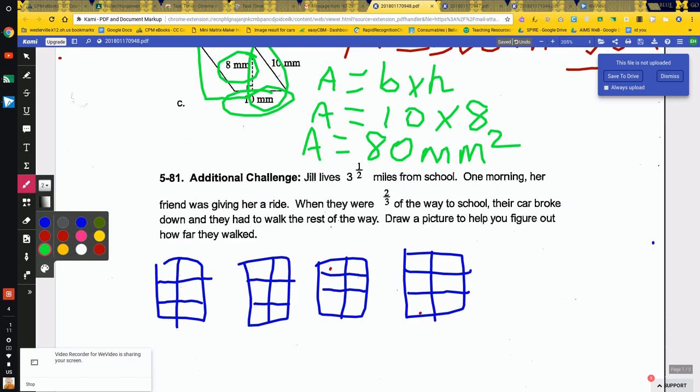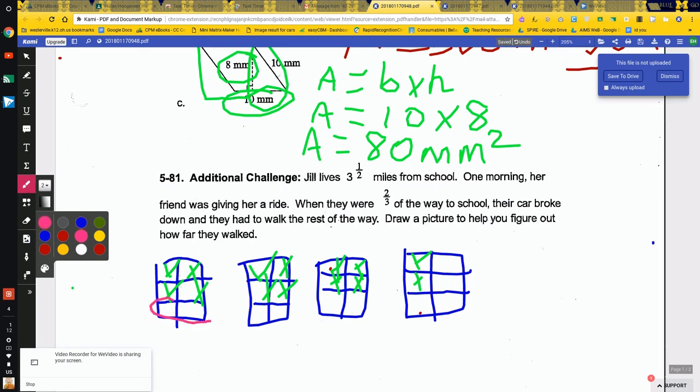And then 2/3 of the way, so I can break my pieces into 2/3. So to represent my 2/3, I have 4, 8, 12, 14 pieces. What I have left is how far they had to walk.